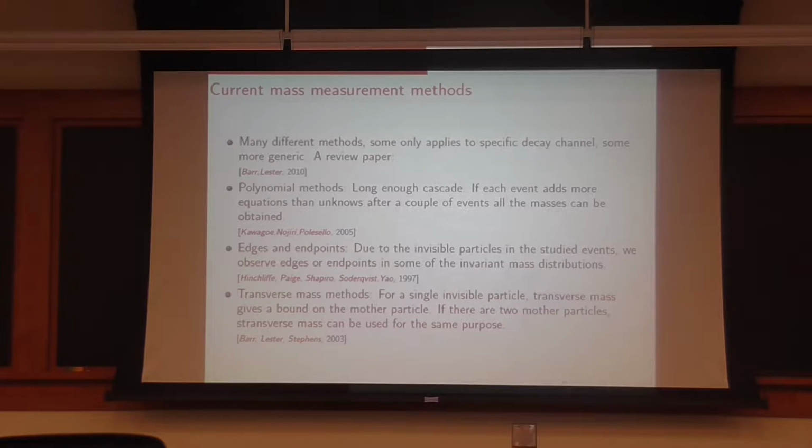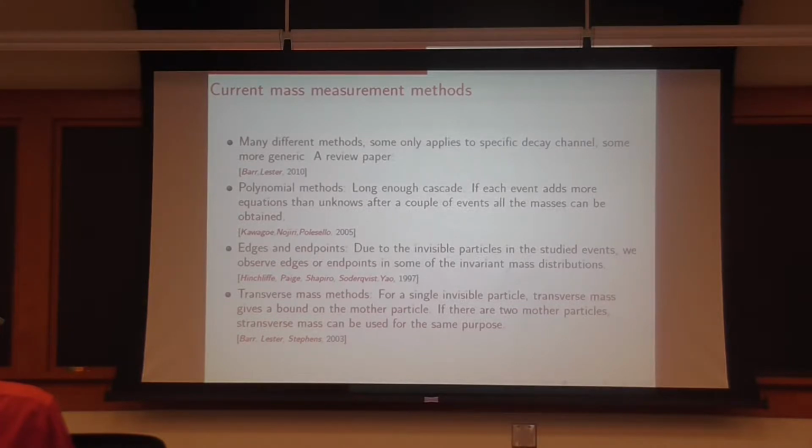And if each event has more equations than unknowns, that means by adding a couple of events, you can actually solve the whole system. But for one invisible particle, that will require 5 final state particles.